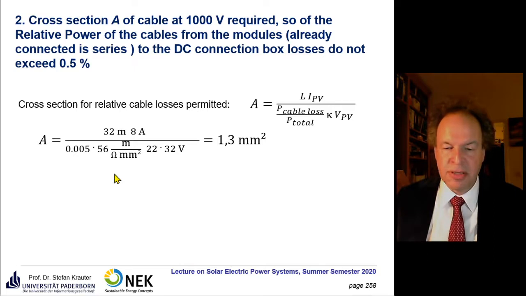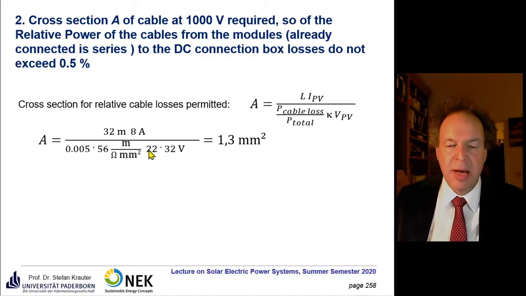And so we put in the right numbers now just for a single module. So we have 32 meters, and 8 amps goes through that because it's all in series. So we just have a single current. But here for the 1000 volts, we have 22 modules and the voltage is up.